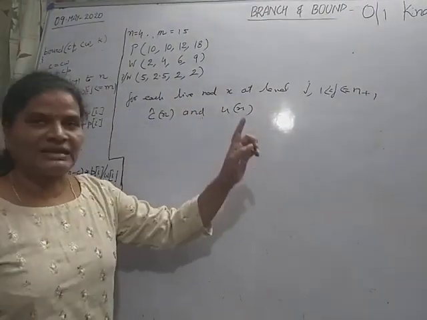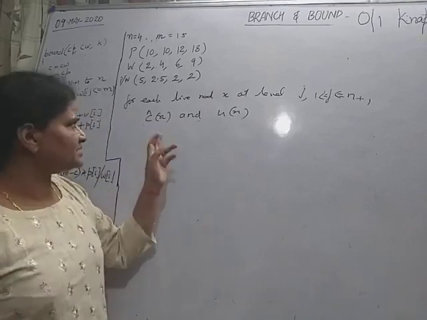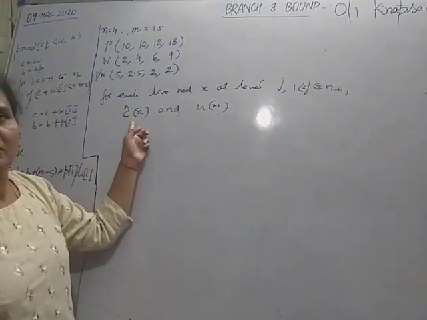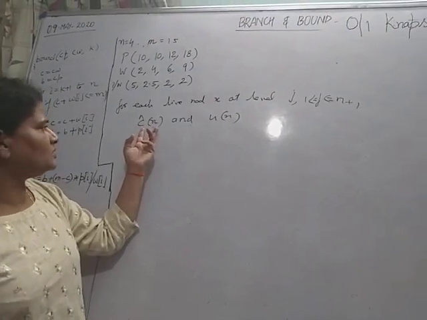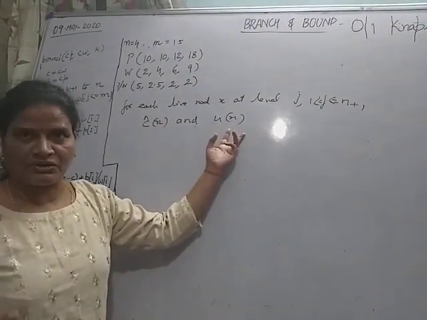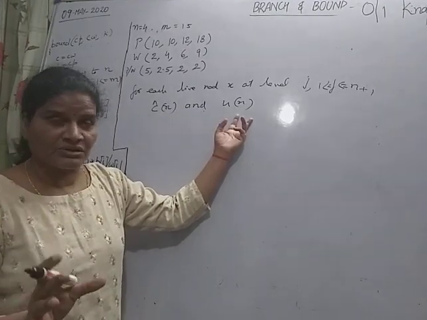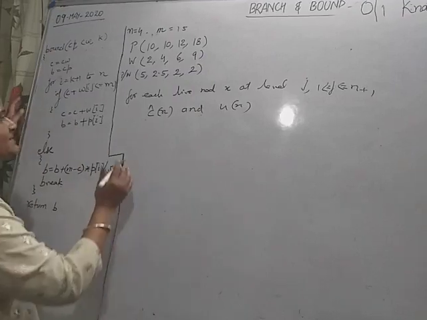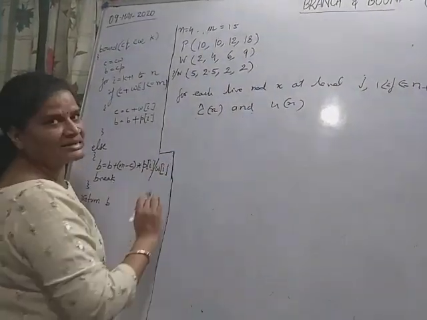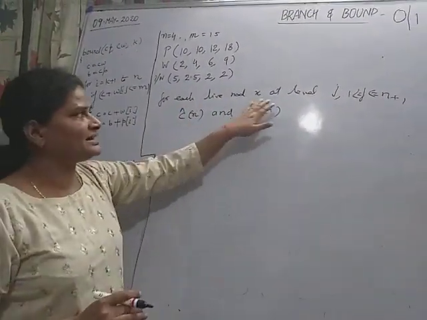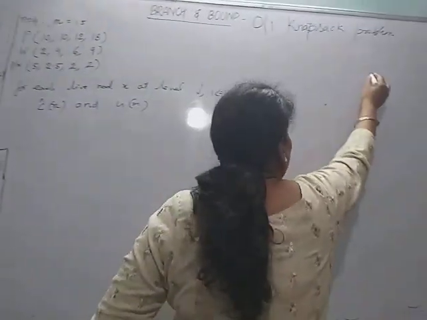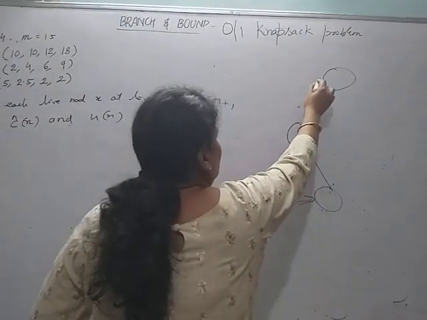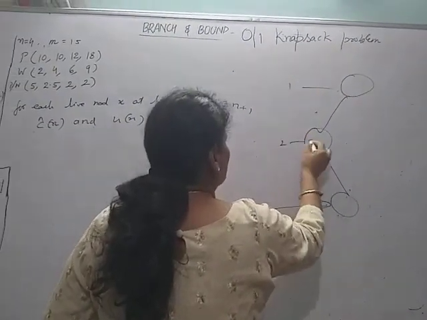To solve the 0-1 knapsack problem using the least cost search method, for each live node X at level j, we have to compute two functions. This is called the lower bound, and this is called the upper bound. For every live node, we have to compute Cx and Ux. Suppose X is at level 3, where this is level 1, this is 2 and this is 3.